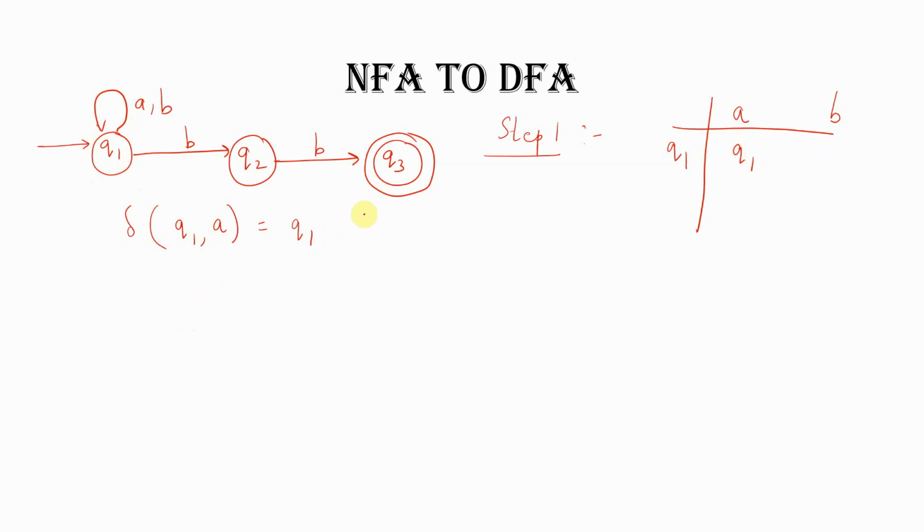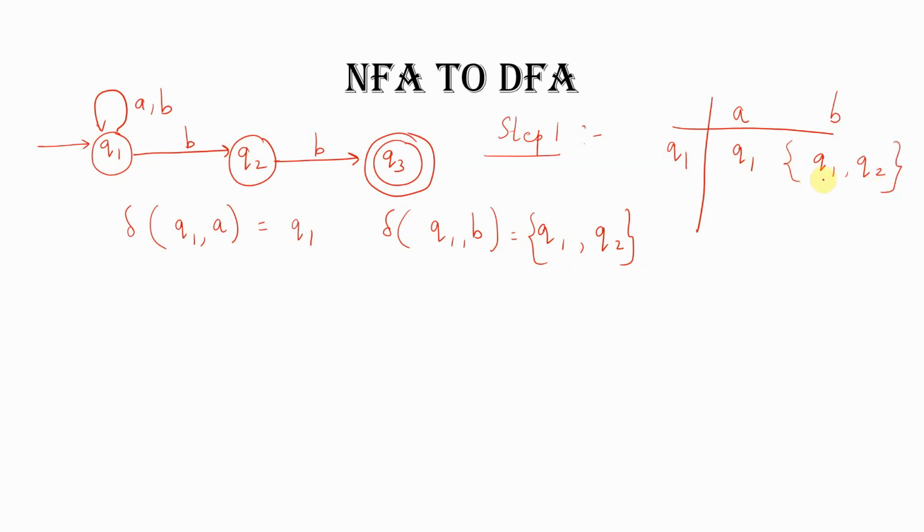Then let's compute delta of Q1 on B. Q1 on B gives you Q1, and Q1 on B also gives you Q2. So in this delta transition, you get two values, that is Q1 and Q2. Just write it over here under B.